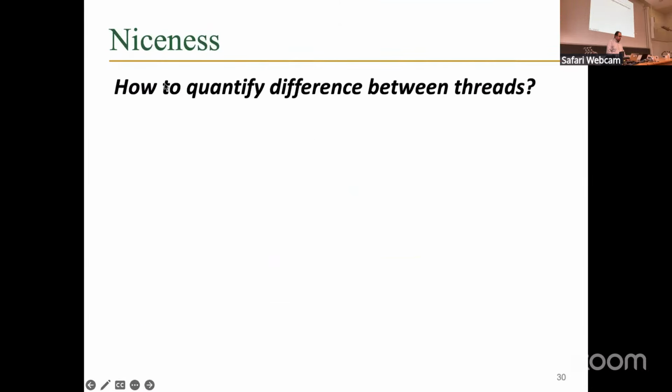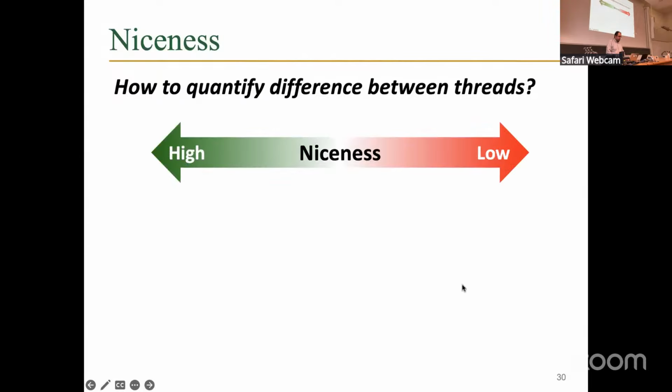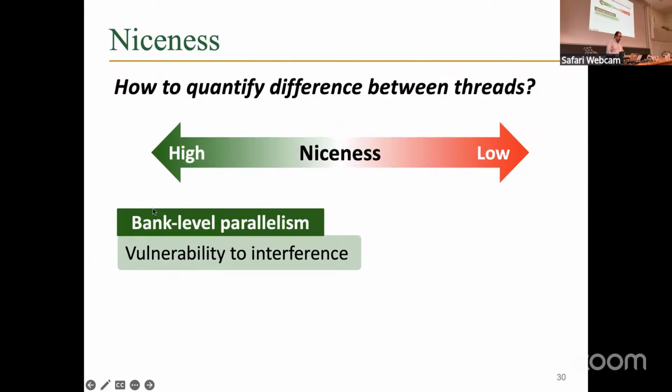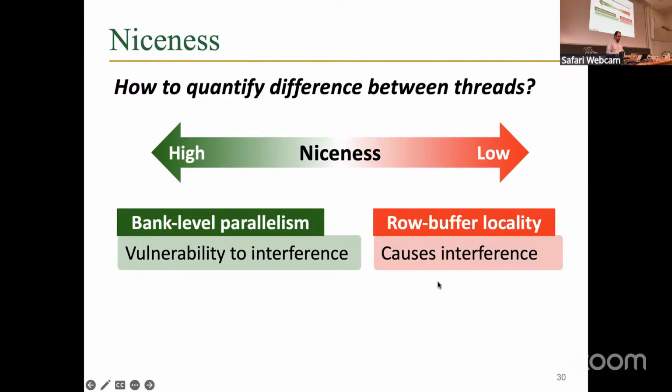Then we define a metric named niceness to quantify this. This metric, niceness, can be high or low. Bank level parallelism means the application is much more vulnerable to interference, and row buffer locality means the application is much more aggressive, in the sense that it can cause interference for others.